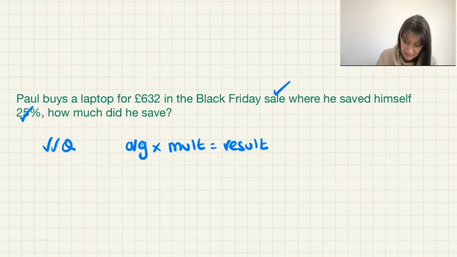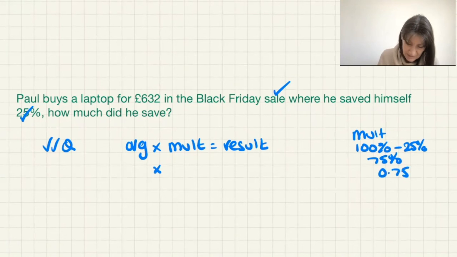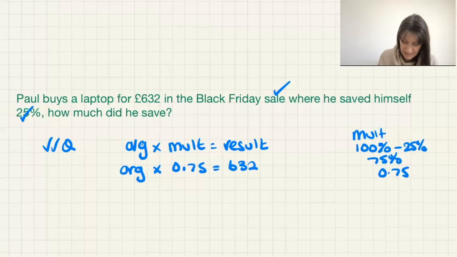So my multiplier is a decrease of 25%. There was an original amount. When it got multiplied by that decrease, it gave £632. So 100% take 25% is 75%. So it's 0.75. So my original, I don't know, times by 0.75, is going to equal £632.